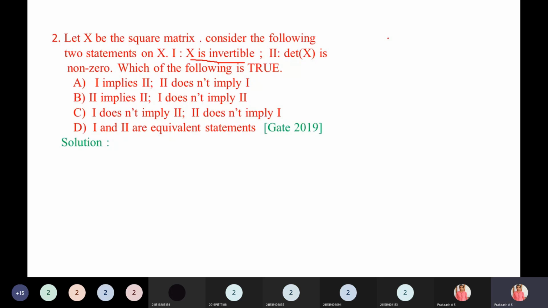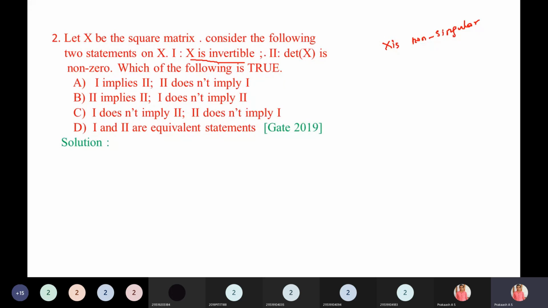Second statement, x is not singular, and determinant of x is not zero.